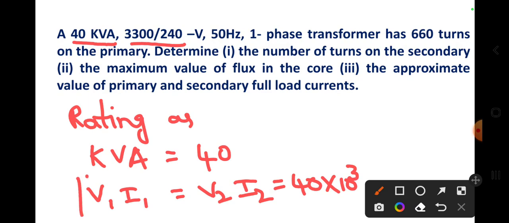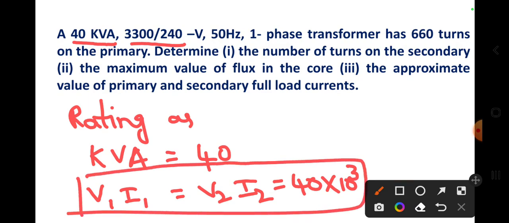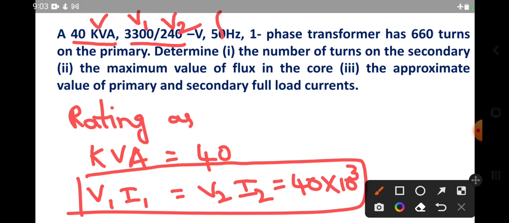This is the first information he has given from this 40 kVA, and he says that 3300 volts and by 240 volts. That means this is V1 and this will be V2. V1 V2 also given. And next one is single phase, that is 50 Hz frequency is given.